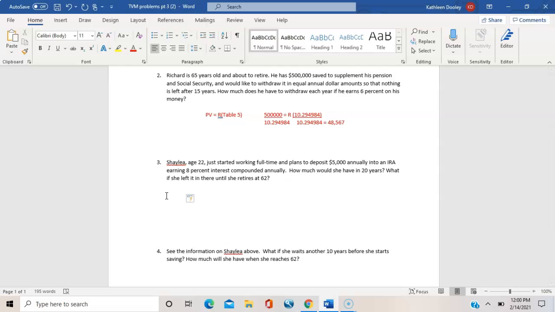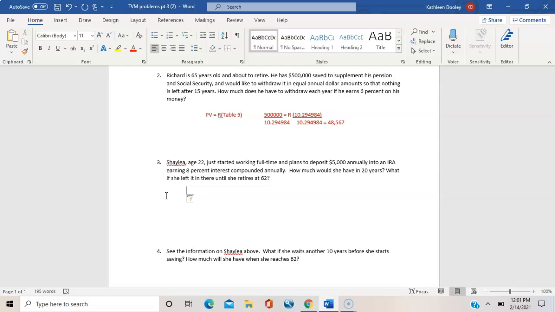Okay, this is the one that we don't have 40 years in our ebook tables. So we'll do the 20 years and 30 years. Okay, she started at 22 years old, plans to put 5,000 in annually, earning 8%.